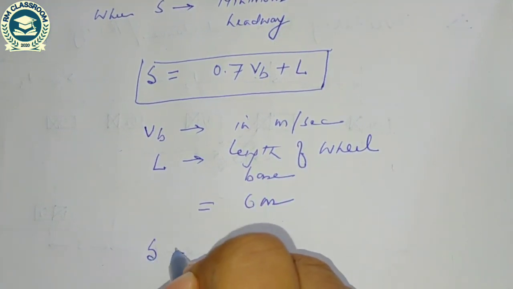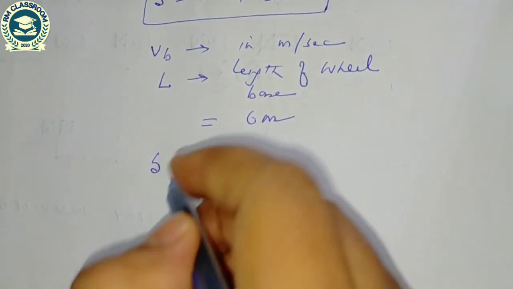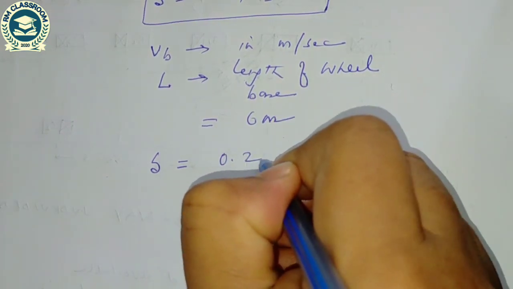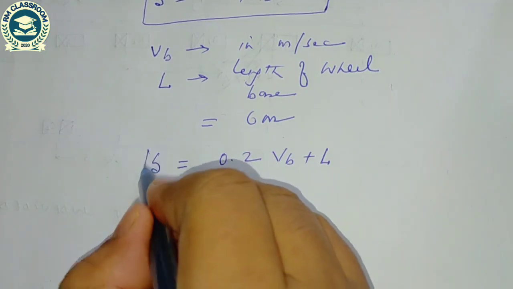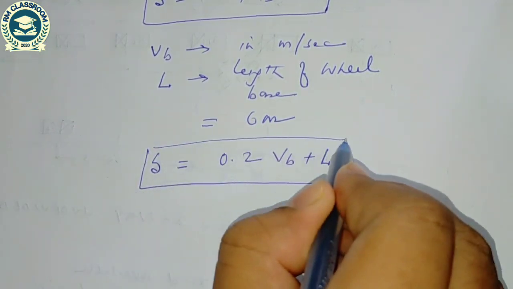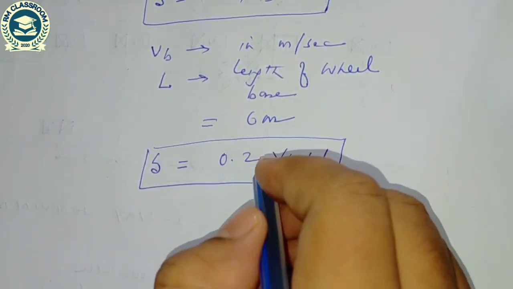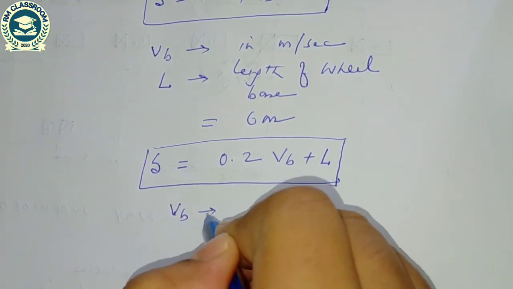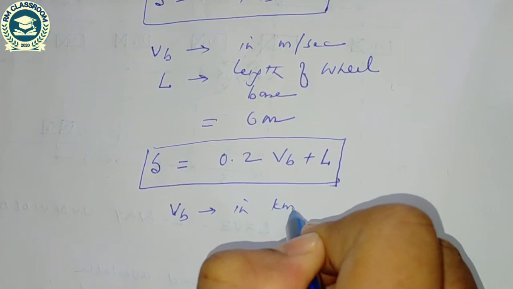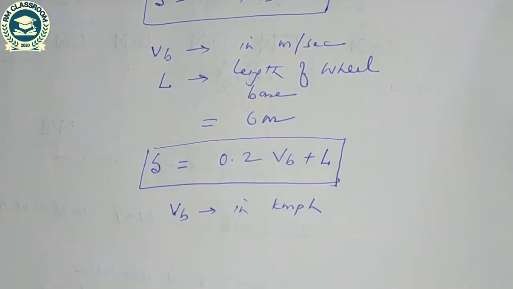The space headway can also be written as 0.2 Vb plus L. Here you have to take the velocity of the overtaken vehicle in kilometer per hour.